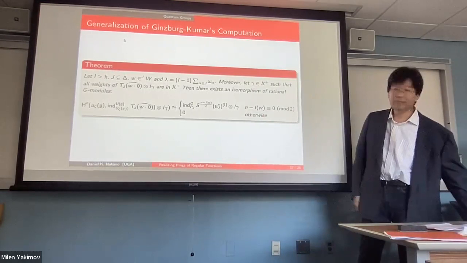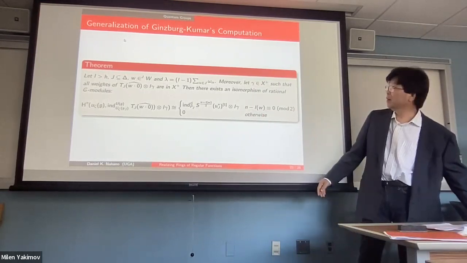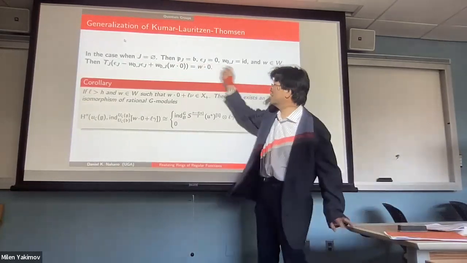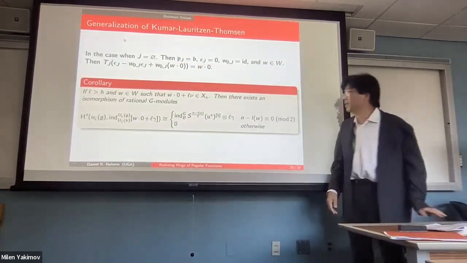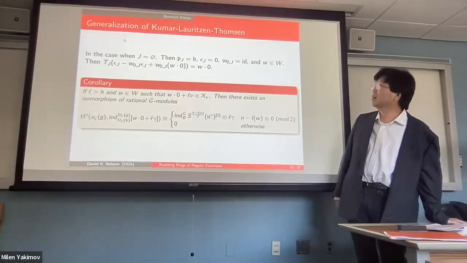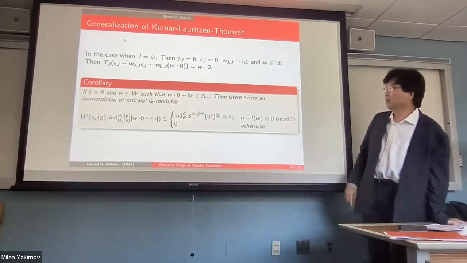And when you take this theorem and you specialize all these parameters up here, then you get something which looks like the Kumar-Lorenzen-Thompson result that I presented earlier.